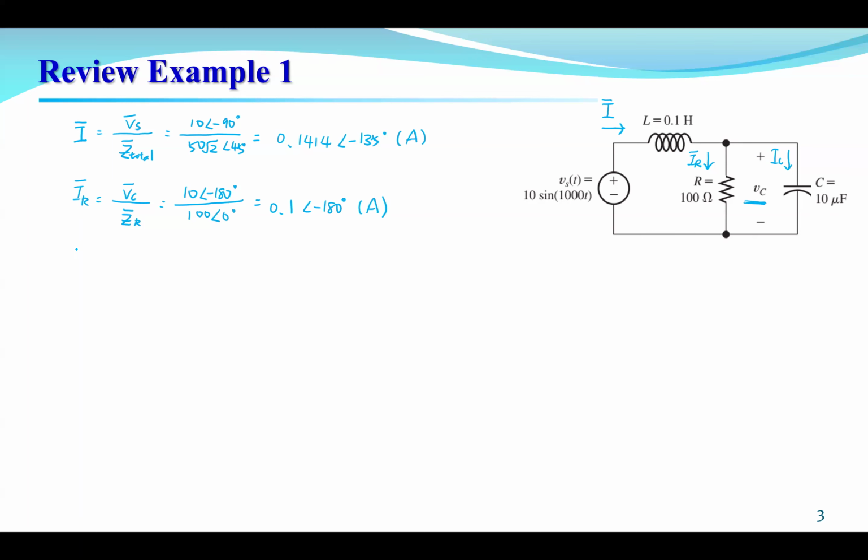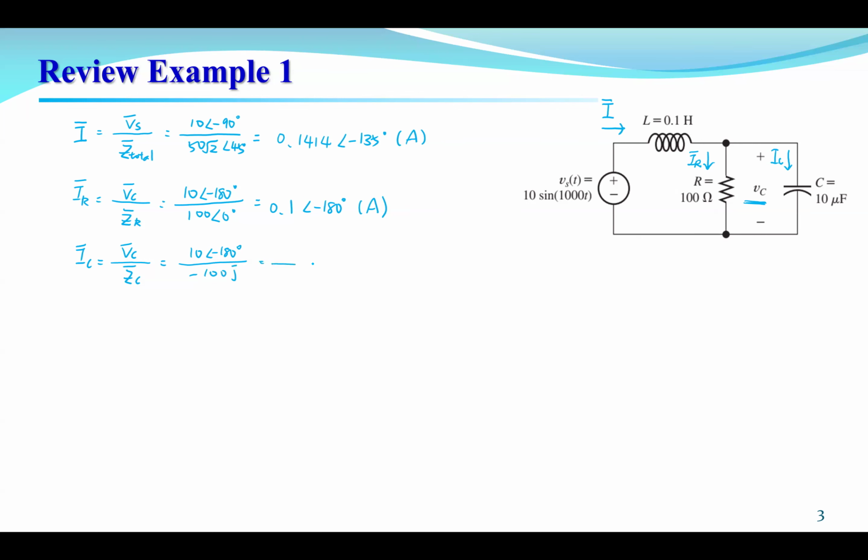What happens to IC? So IC equals VC divided by ZC, which is 10 angle minus 180 degrees divided by ZC, which is minus 100j.